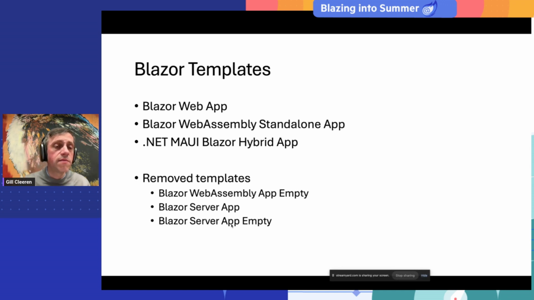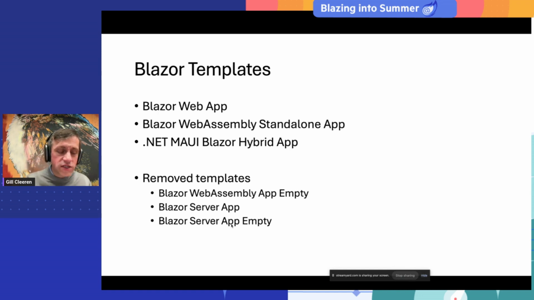And of course, we have the .NET MAUI Blazor hybrid app templates, also still available. So those three templates still exist today in Visual Studio. What has been removed is the WebAssembly empty template, and also both Blazor server templates, the server app and the server app empty. They have been removed. So it is not possible to start a new .NET 8 app based on the Blazor server templates.